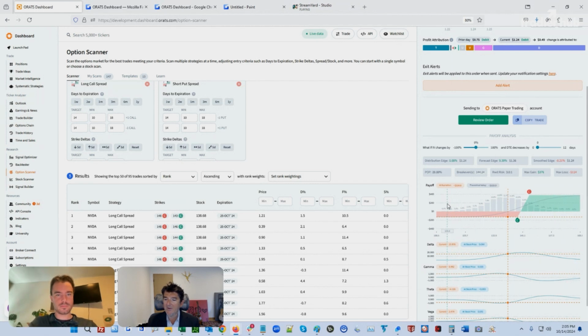The terminal value is the value at expiration at each one of the points in our distribution.